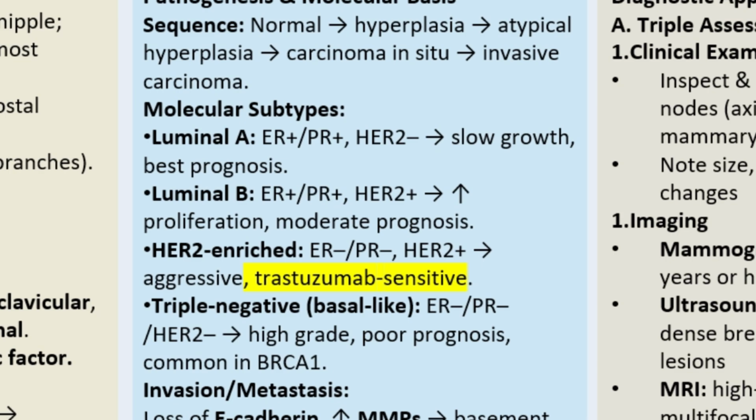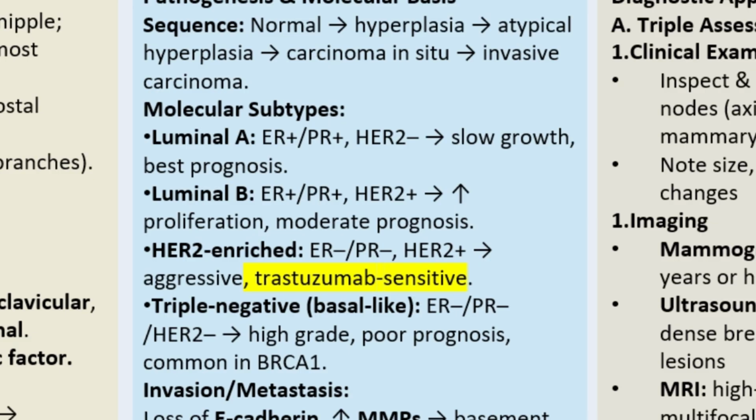Then we have the HER2 enriched, which has negative estrogen and progesterone receptors. And this is bad, because it means it's non-hormonal, it's not driven by the hormones. And the HER2 is going to be positive, and most of the time it's responsive to trastuzumab, which is a monoclonal antibody treatment that targets the HER2 receptors.